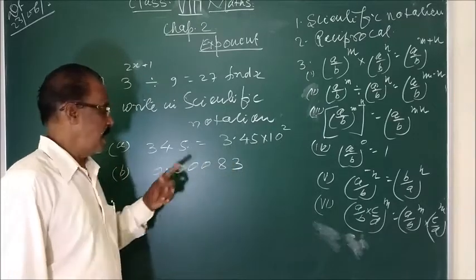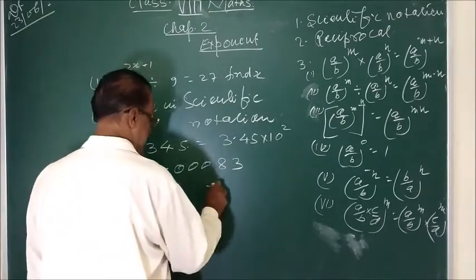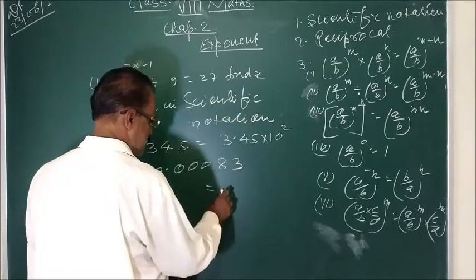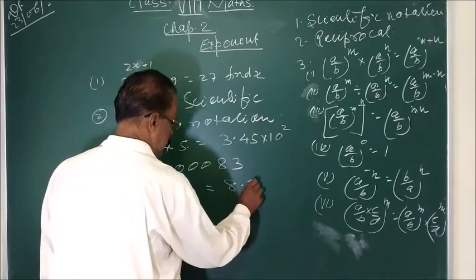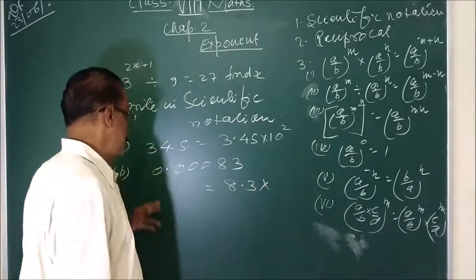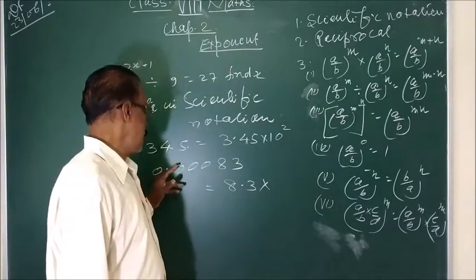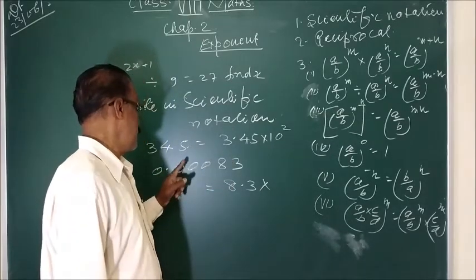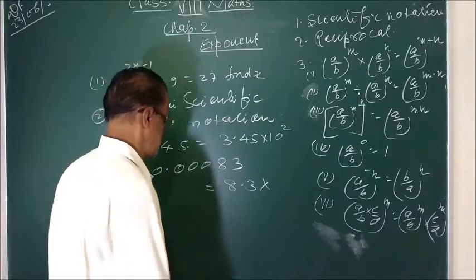Now you see another example, 0.00083. How will you express it in scientific notation? This point should be between 8 and 3, so this will be 8.3. And now you have to shift the point, 1, 2, 3, 4, 4 places.